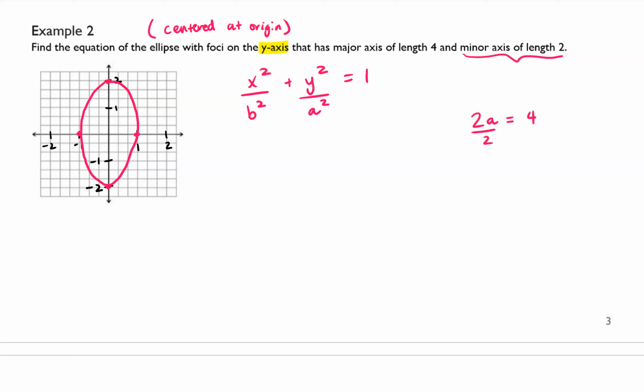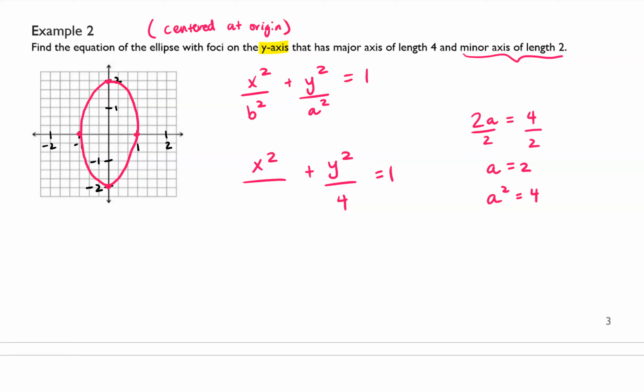So if we divide both sides by 2, we find that a is equal to 2. So in our equation, we can put a 4 here since we know that a squared is equal to 4.